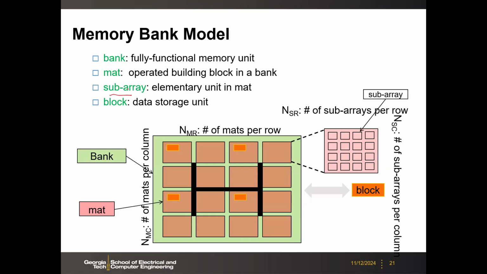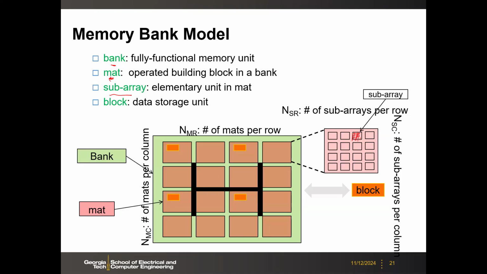Of course, the definition of those levels could vary depending on different technologies. But the basic idea is that you have the hierarchy, right? So smaller array and then multiple of them become a larger array. So in this particular definition, we will assume the lowest level is a subarray where you can have many word lengths, bit lengths, depending on your memory type, right?